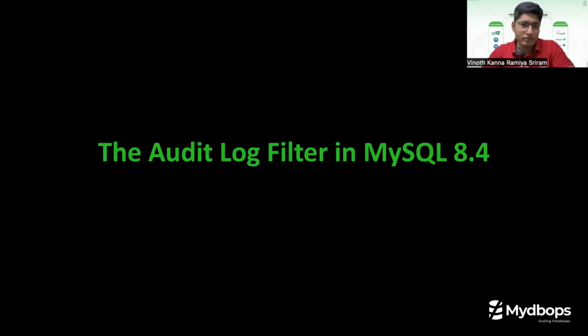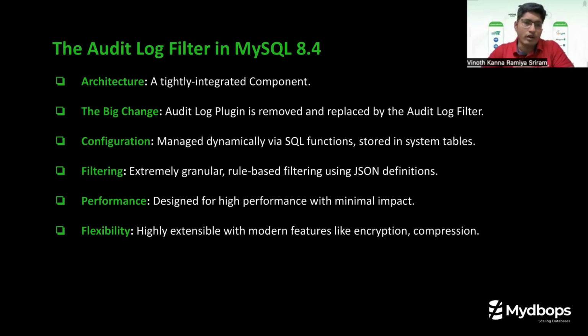Here comes the audit log filter, which is newly introduced in 8.4. The 8.4 audit log filter uses a tightly integrated component model. In the component model, once it is installed in MySQL, it has a lot of control over the underlying database.